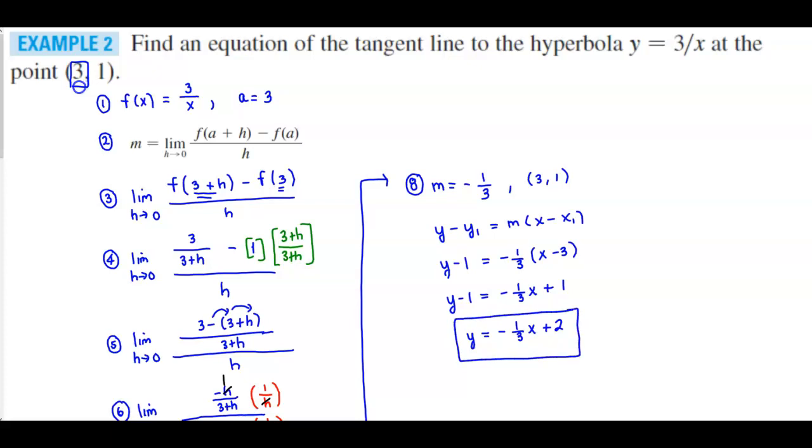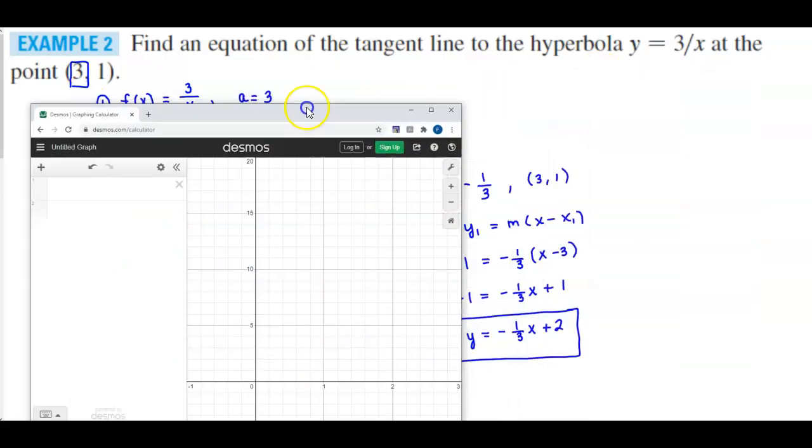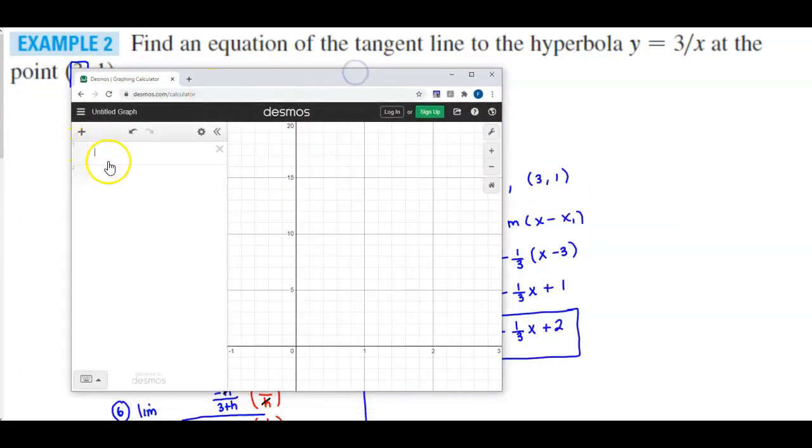Now, in some cases, you may need to rewrite this equation in other forms, but there is our equation of the line tangent to that hyperbola. So let's go ahead and graph this on Desmos. What do we know about the function? It's 3 divided by x.